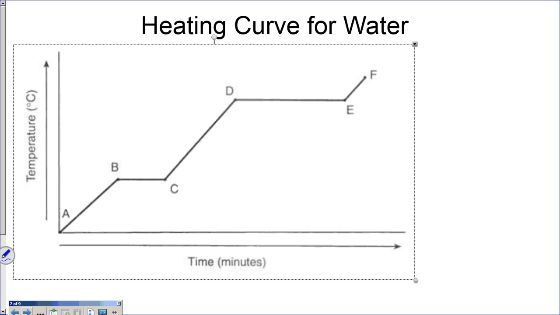So some things to look at. Remember, we have temperature on our y-axis, time on our x-axis. And if you notice, this is not a linear graph. It is segmented. So each segment represents a different change that's occurring. So since this is water, we start off at the colder temperatures and we have solid water, so ice.